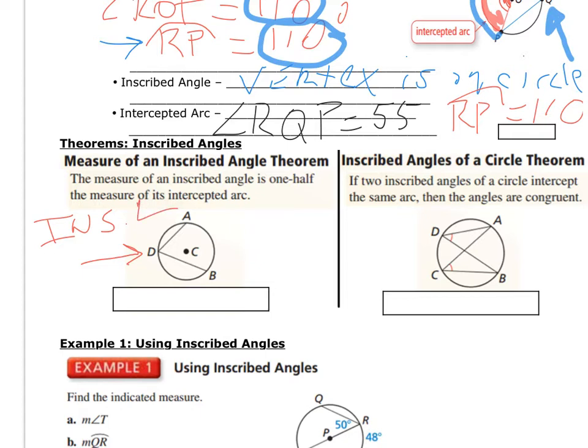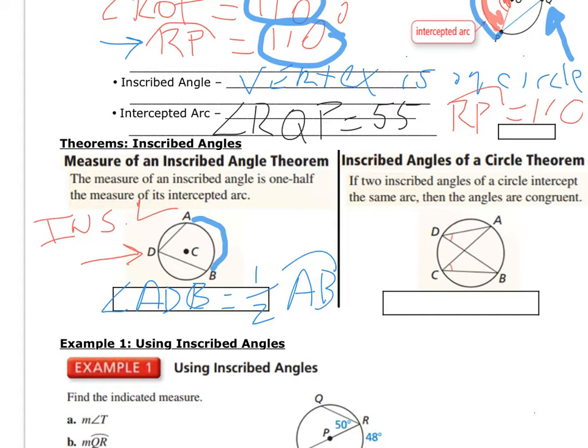In blue, AB, that arc, is the intercepted arc. And so angle ADB is equal to 1/2 whatever arc AB is.